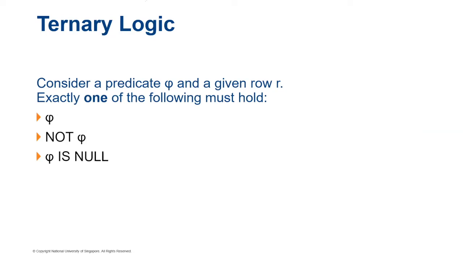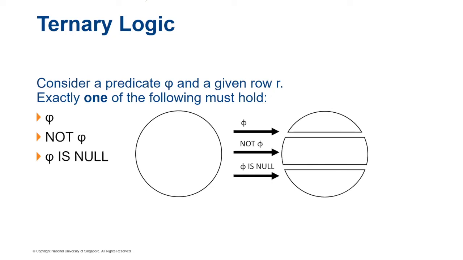The predicate evaluates to true, or the predicate evaluates to false, meaning that not the predicate evaluates to true. And now, since we're also dealing with SQL, where a Boolean predicate might also evaluate to null, we also have to account for this. So we have to test whether the predicate evaluates to null. And we call this the ternary predicate variance. Now, based on this, we can take any kind of data in our database, any kind of intermediate result, and partition it into 3 parts, namely those where the predicate evaluates to true, where it evaluates to false, and where it evaluates to null.